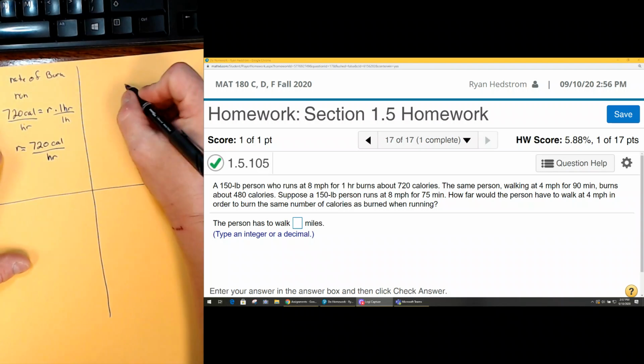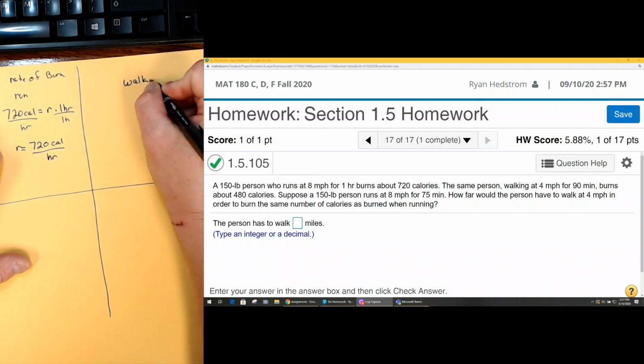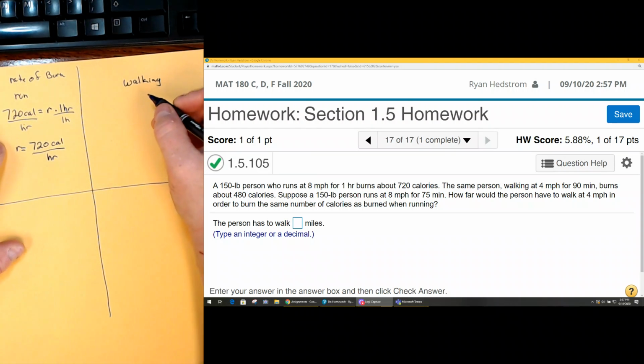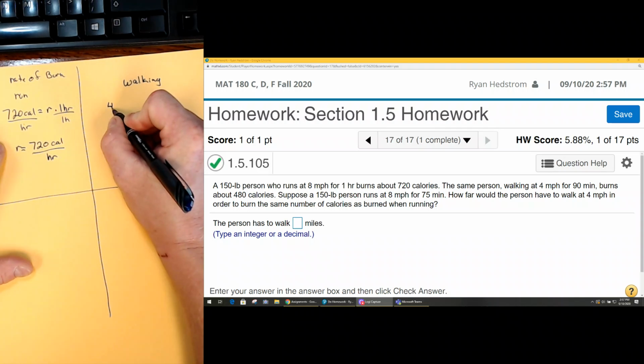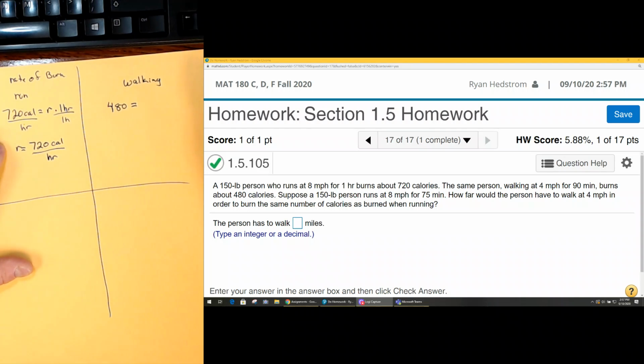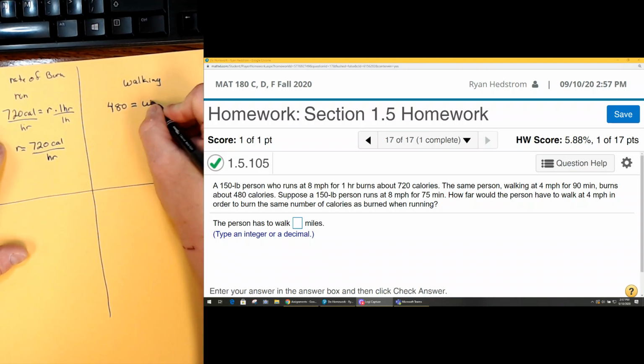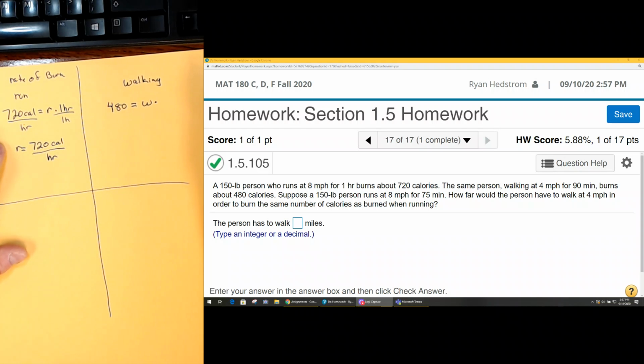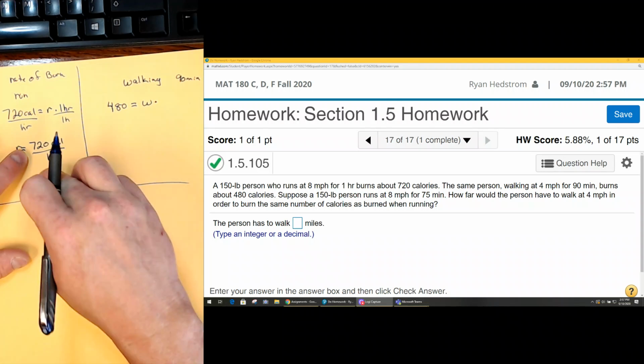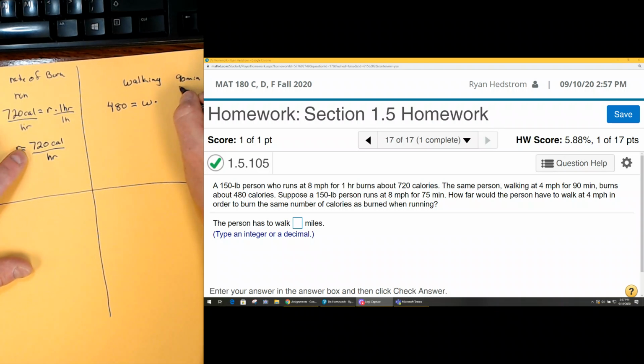Now for walking, the burn rate is going to be 480 calories, and I want to find W for that, multiplied by the amount of time that it takes. Now it's for 90 minutes, but we want to make sure that it matches our hours over here and our burn rate per hour. So 90 minutes is 1.5 hours.